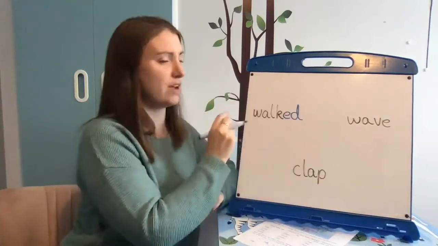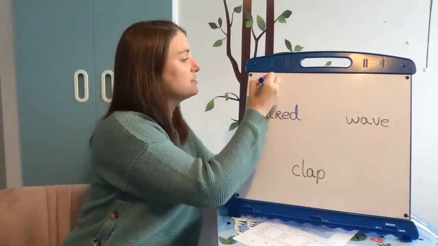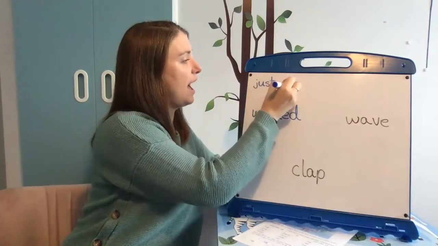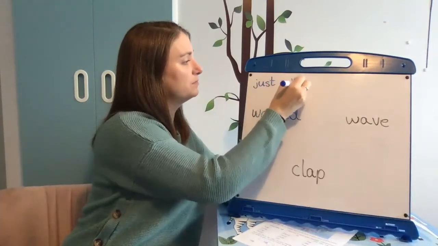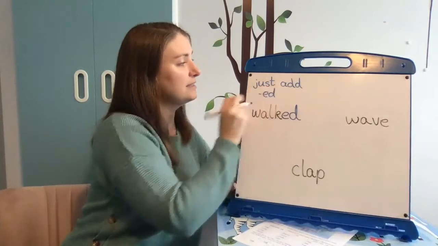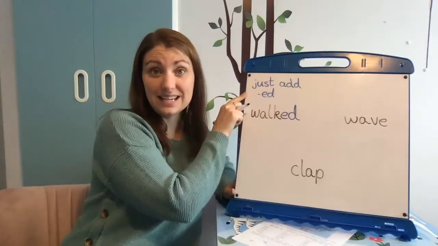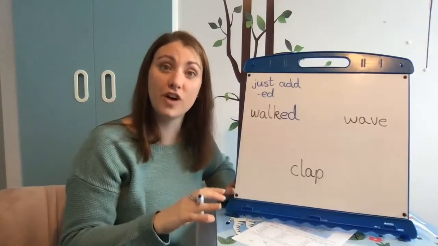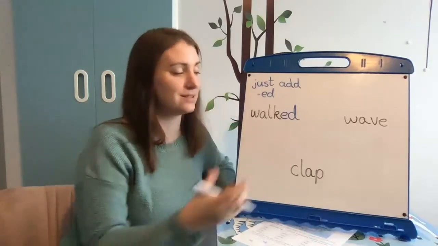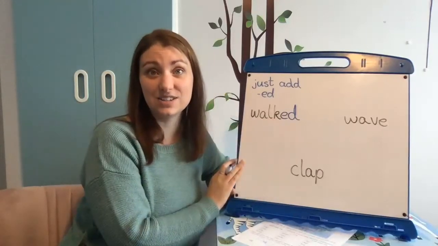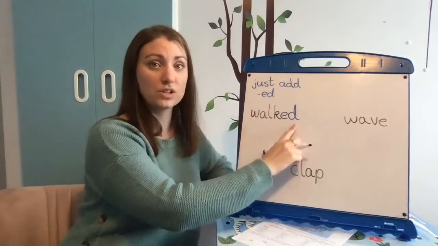I think I'm going to write that on the board. Just add ed. So sometimes to make a verb into the past tense, I just have to add ed to the end. Walked.